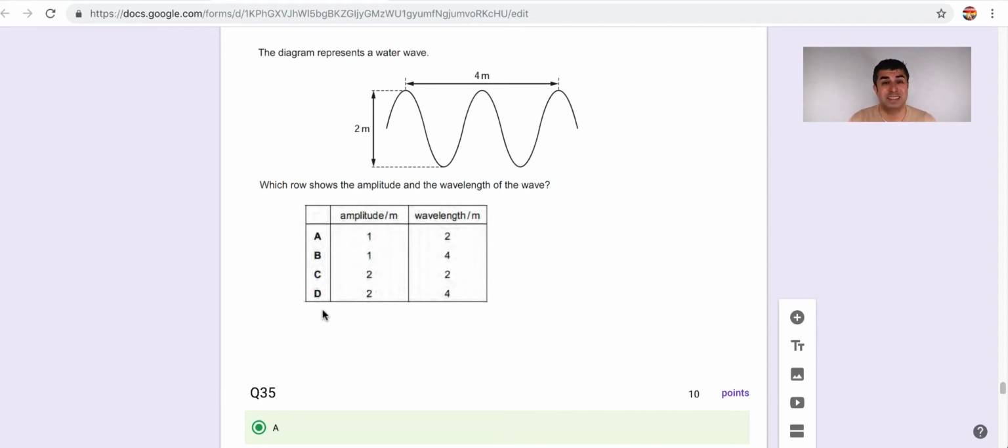The wavelength is the length of one wave, and that 4 meters is actually showing you the wavelength of 2 waves. So the amplitude is 1 and the wavelength is 2. The entire displacement was 2, so the amplitude is just 1. And they're showing you 2 waves with a wavelength of 4, so the wavelength is actually just 2. The answer is A.